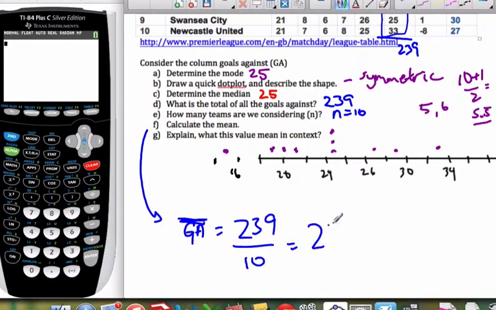And so we have 23.9 goals against on average. And what does this value mean in context? Well, this value means on average there are 23.9 goals scored against these top 10 teams.